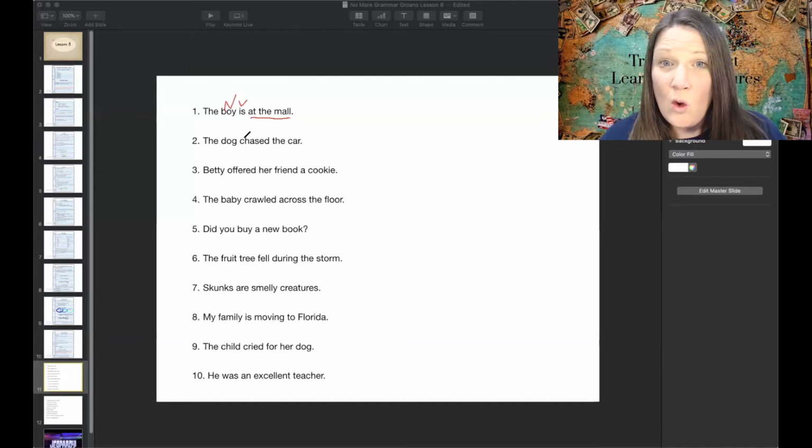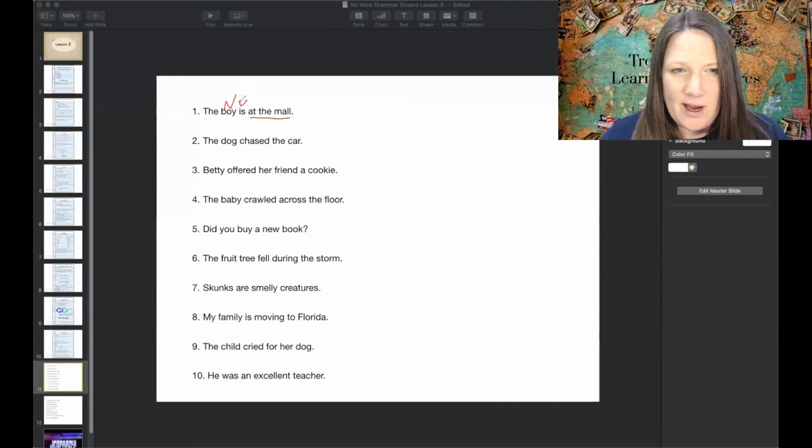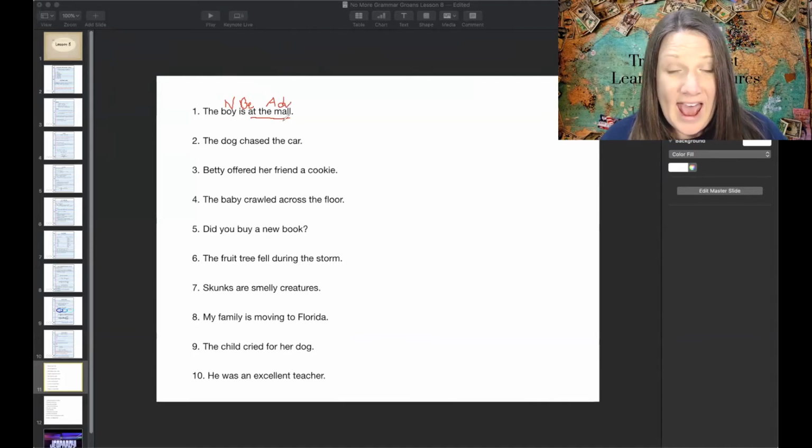I see no action verb after is. So I don't think this is just a regular verb here. Has to be a be verb. So I'm going to erase this. Oh, I erased everything. We're going to put noun, be, and what comes after when you have this sentence pattern, noun, be, adverb. Boy is where? At the mall.